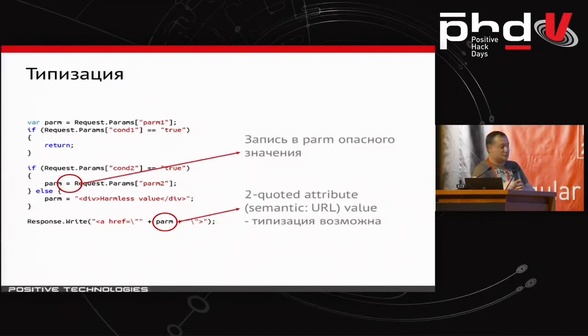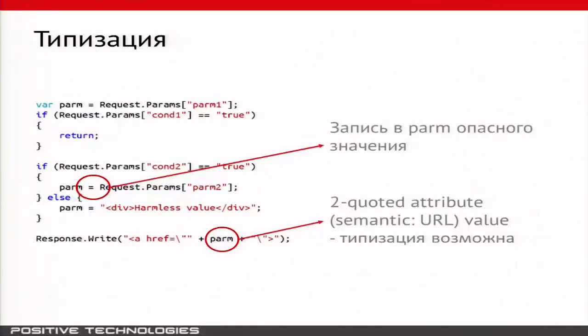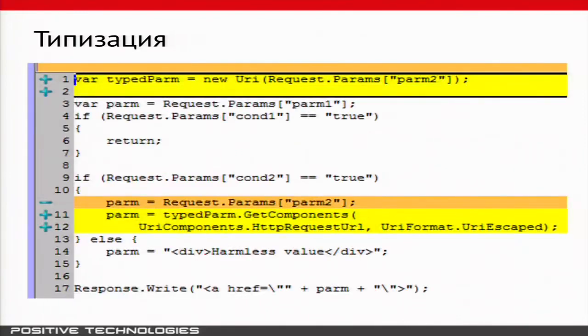So the entry of the dangerous value occurs here, and then without any change it gets here. Then we use the algorithm I described, and we identify that this is the URL semantic quoted attribute, semantic URL value, and that means that typifying is possible.